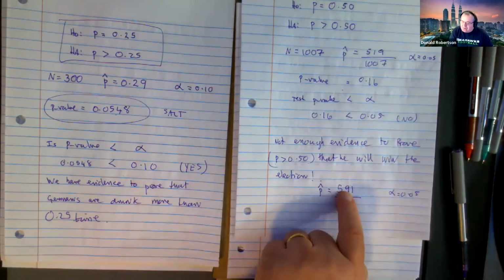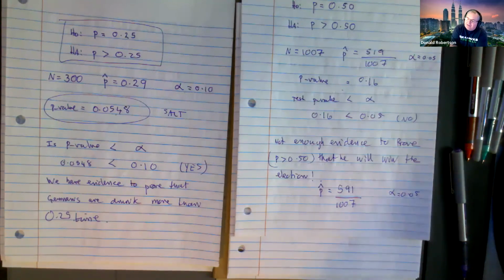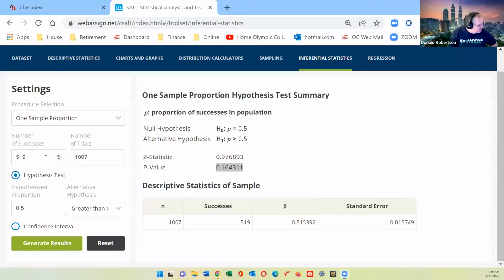Do you think that might win? That might be evidence. Still not enough? Let's find out. It's now 591. Nothing else has changed. And generate the results. Oh, would you look at that p-value?